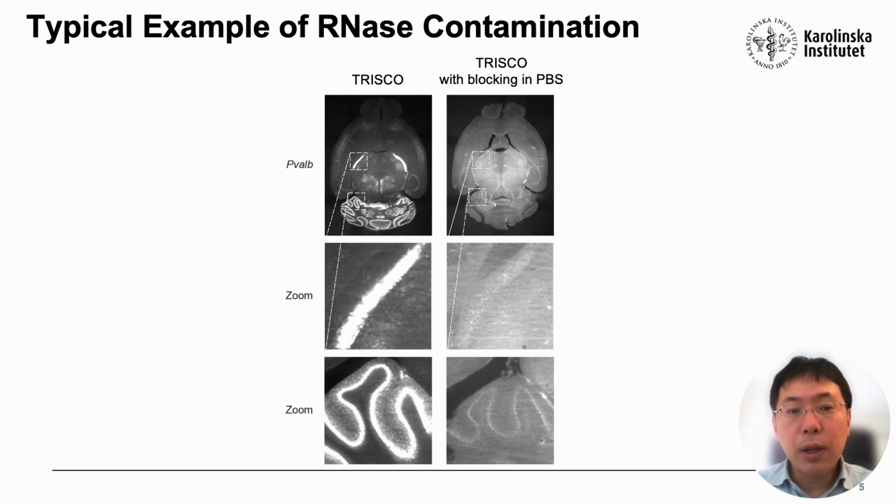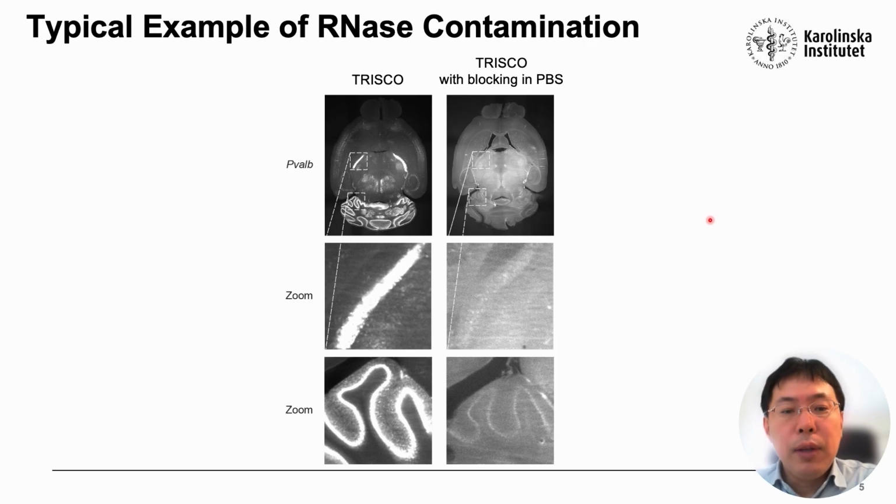First, let's talk about RNA integrity. Why is it so important to maintain RNA integrity? This slide shows a typical example of how 3D RNA imaging can be affected by RNA contamination. Here, two samples are processed using the same TRISCO method.